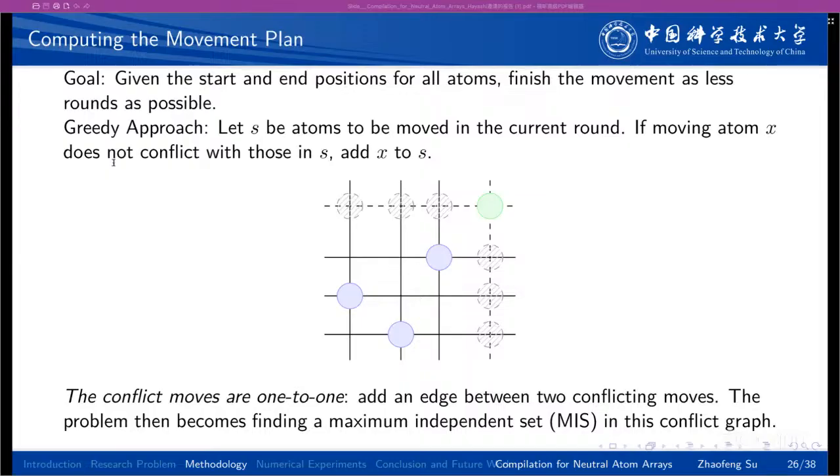If we move atom X and it does not conflict with any atoms in S, then we add X to S. Another important point is that if it has a conflict, the atom X only conflicts with one atom in the set, so the conflict moves are one to one. So the problem becomes finding a maximum independent set in this conflict graph.